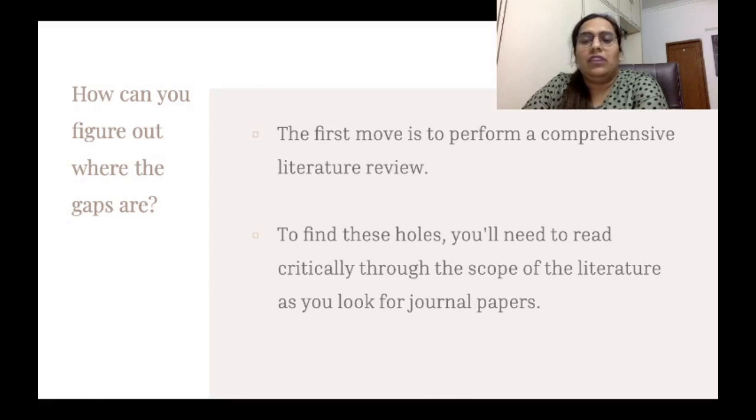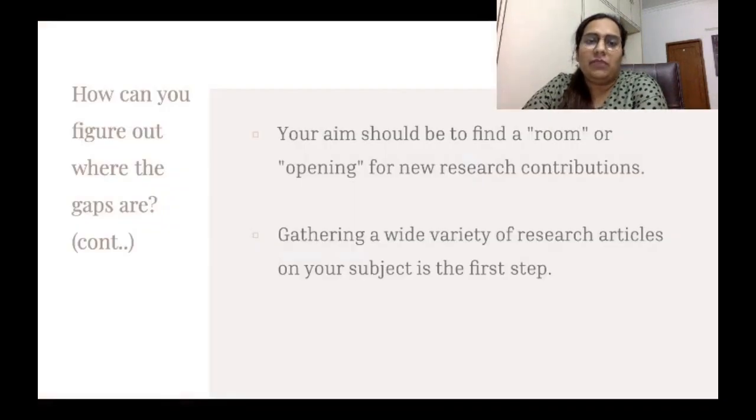These things are also mentioned in some papers. Your aim should be to find a room or an opening for new research contributions.